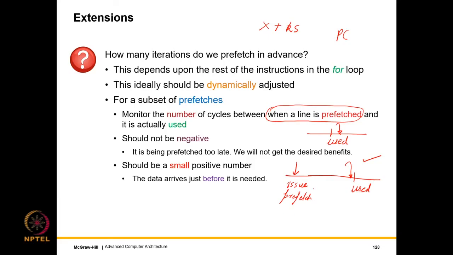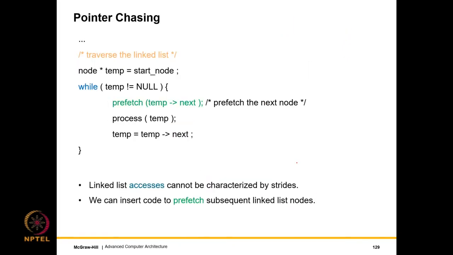But we will never know when to issue the prefetch instruction unless we have a clear-cut idea. We are monitoring the time it takes from a prefetch to usage, and based on that our algorithm adjusts. So what is the knob that we have? The single knob is how many iterations we prefetch in advance, and that can be tailored appropriately. Now from arrays let us graduate to linked lists.